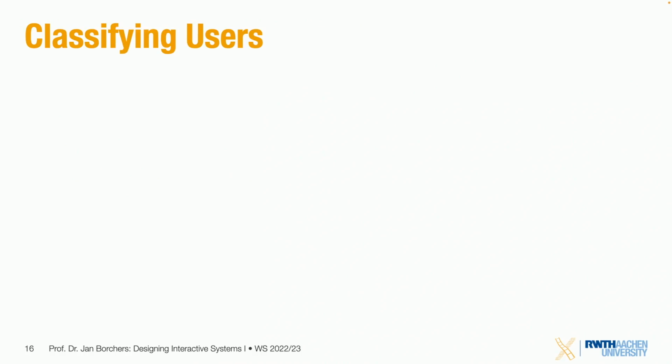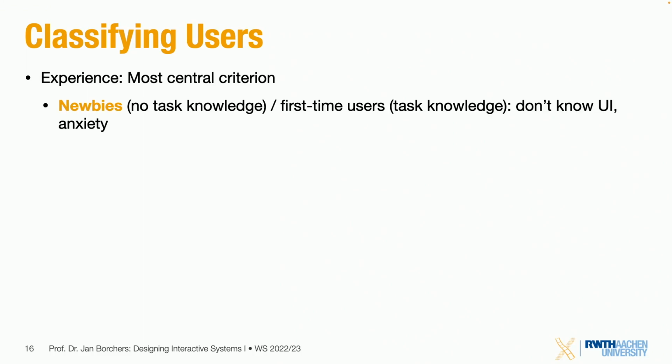There are a bunch of different dimensions along which you can classify and profile users, and we'll talk about a couple. The most central one is, of course, experience. But experience is a tricky beast because it's not as simple as you might think. We could say, well, we have newbies, they don't know the task at all.